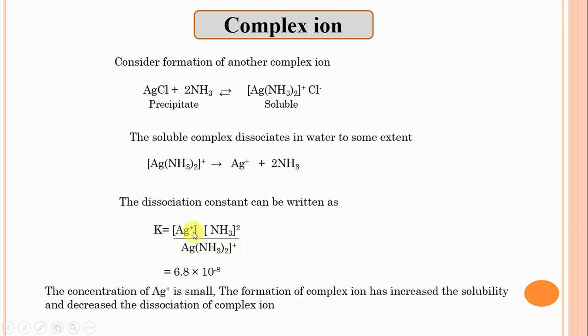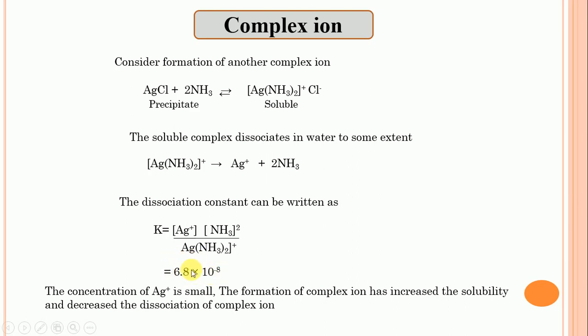So this is the undissociated form, and this Ag and this NH3 are the dissociated form. The dissociation constant value is 6.8 into 10 raised to minus 8.